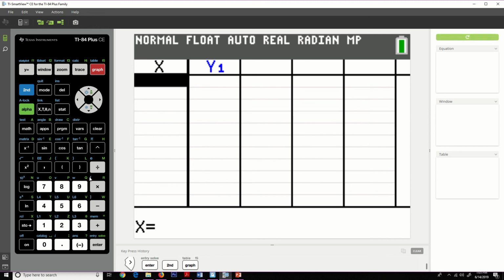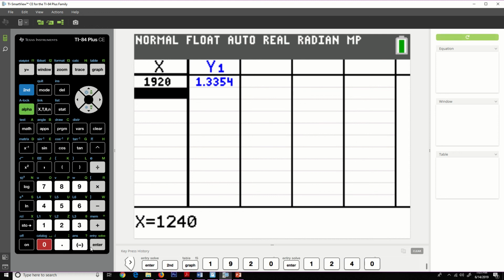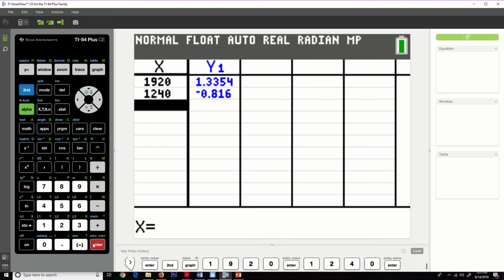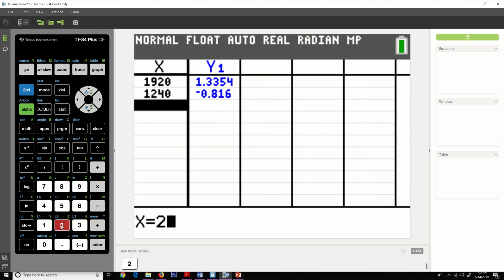And so we got to enter some of these data points into our calculator. The first one was 1920, and its z-score is going to be 1.335. And then the next one was 1240. That's below the mean, so it's going to be negative.